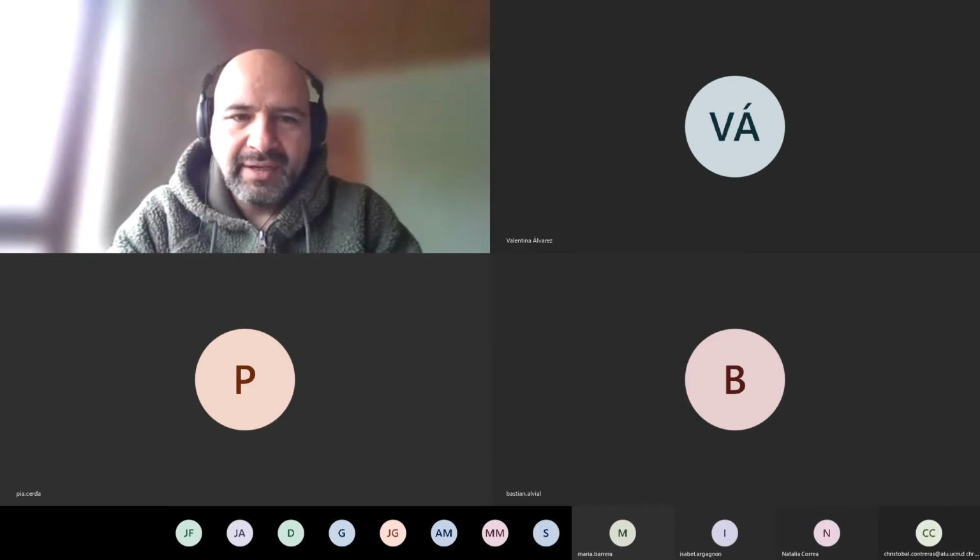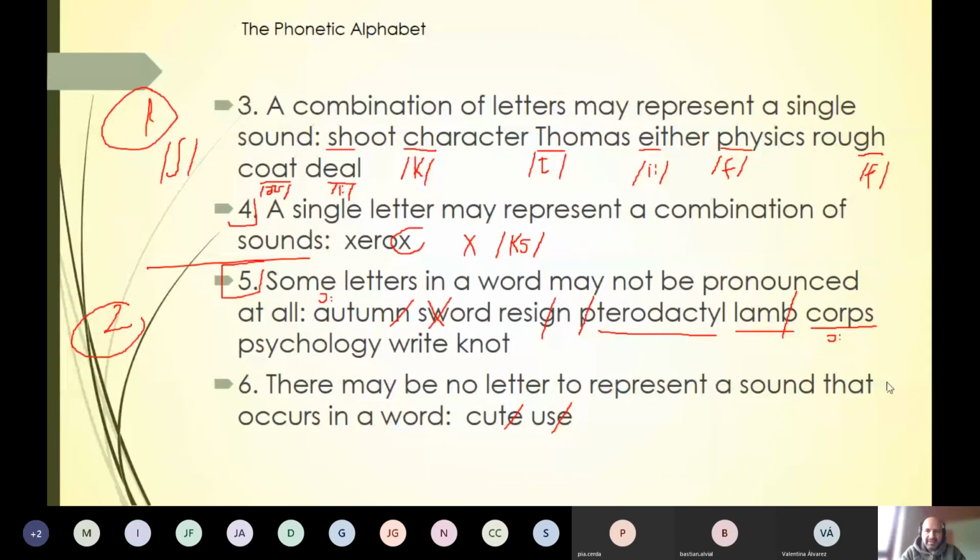I'm going back to the, okay. For example, this is not pronounced. This is not pronounced, right? What about the following? Which letter do you think is not pronounced? Letter P. Letter P, perfect. What about the next one?